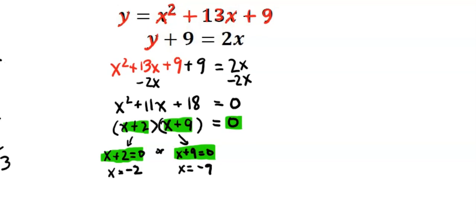Now, like before, to find out what the y values are, we need to put those values that we found for x back into the original equations. So I'm going to use the bottom one just because I think it's a little simpler. y plus 9 equals 2 times negative 2.